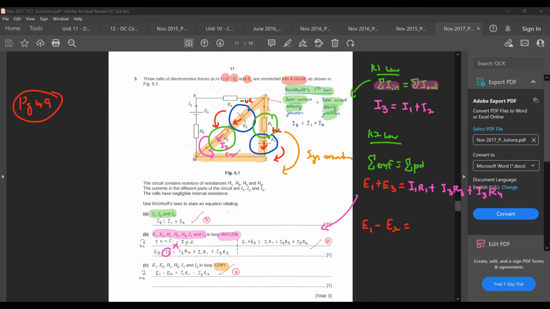So this one is negative. For R1, you have current I1 flowing through R1. This one is trying to move clockwise. So this one is going to be positive. So all in all, you're going to get I1 R1 minus I2 R2, which is what you're getting here. So this is how you sum up your EMF and PD.